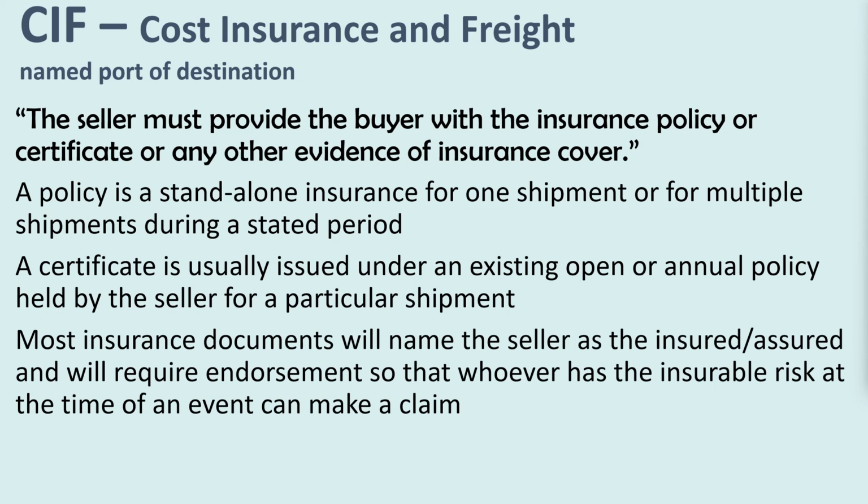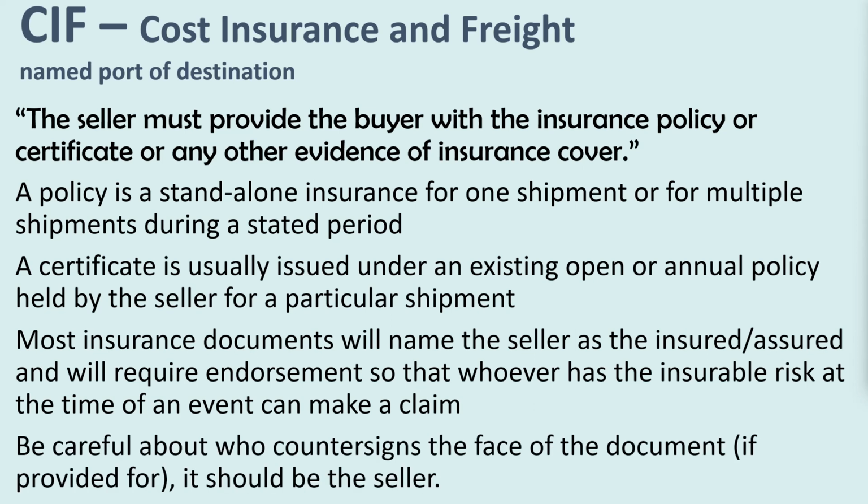Most insurance documents will name the seller as the insured or assured and will require endorsement so that whoever has the insurable risk at the time of an event can make a claim under that policy. Now, do be careful about who countersigns the face of the document. If there is provision for a countersignature, it should be the seller, not the insurance company, not the insurance broker, not an insurance agent.